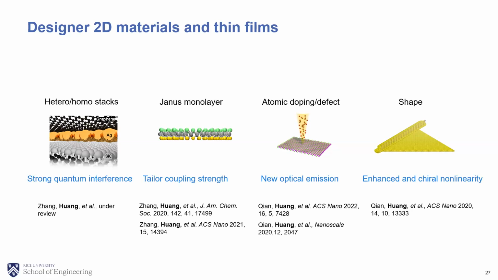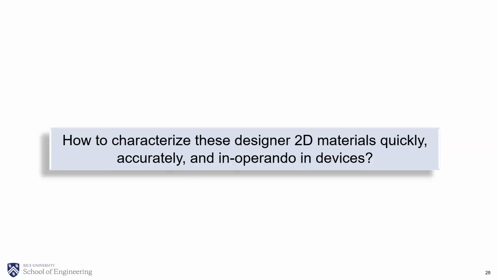If we make a Janus monolayer, we can tailor the van der Waals coupling strength with the adjacent materials. If we introduce atomic doping or defects, we can generate new optical emission peaks. And if we change the shapes of the 2D material, we can achieve enhanced and chiral optical nonlinearity.